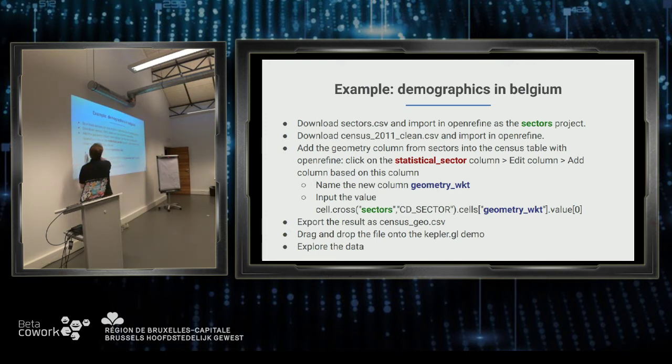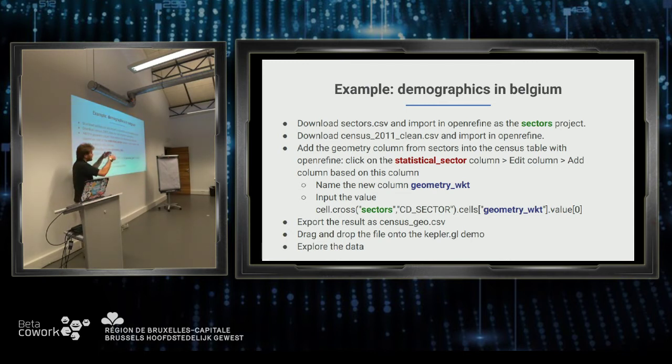And then there's this formula here which tells it to take this statistical sector column, use the sectors project, so this other file that you have downloaded, and look for the sector code, and using that link, sector code, get the geometry out of it.